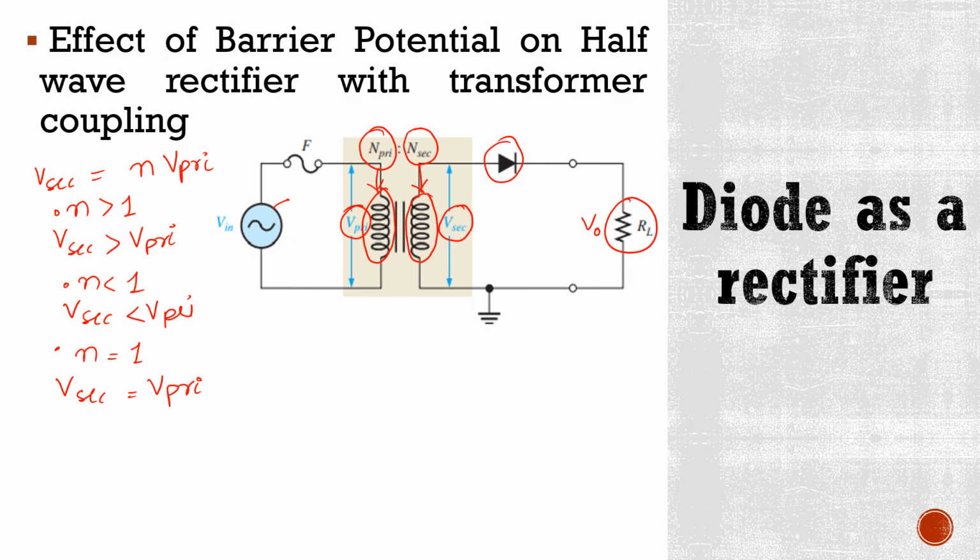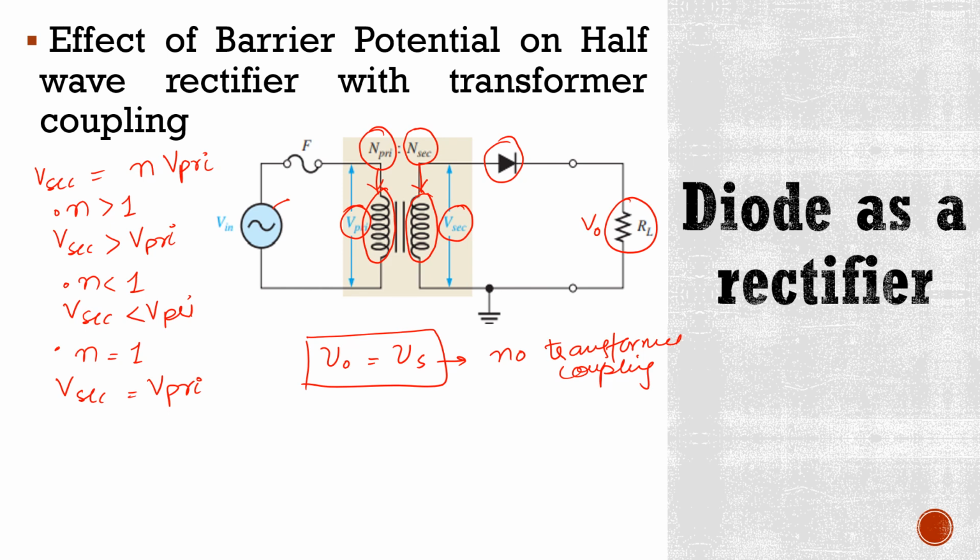Now, we know that the output voltage is equal to the input signal in case of a half-wave rectifier with no transformer coupling, like I have discussed in my previous slide.